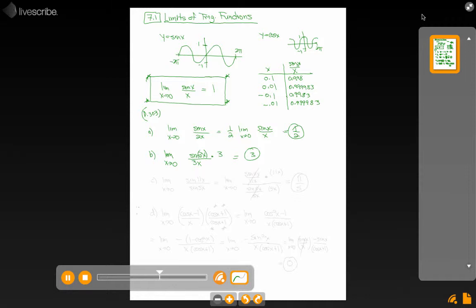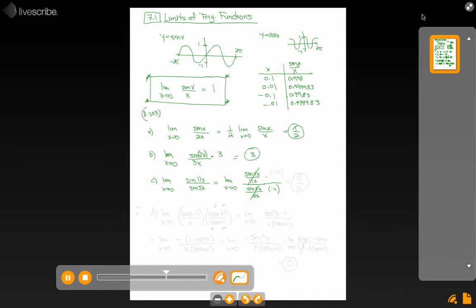If I have something like the limit as x approaches 0 of sine 11x over sine of 5x, a lot of students get kind of stumped here. But if you play with that one as well, you could say, well, I could make it sine of 11x over 11x. I know that would give me 1. I could make it sine 5x over 5x.